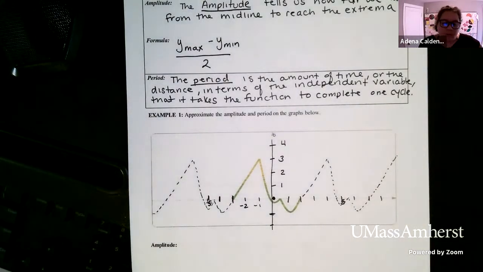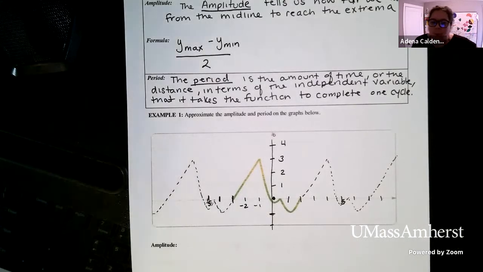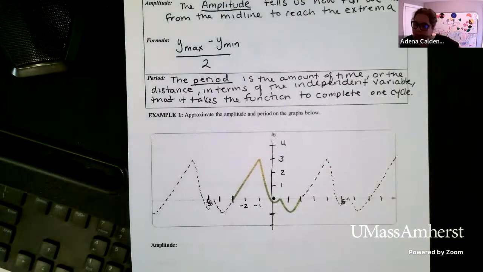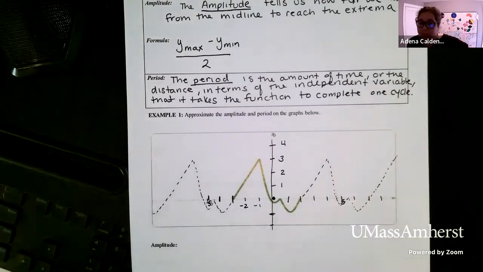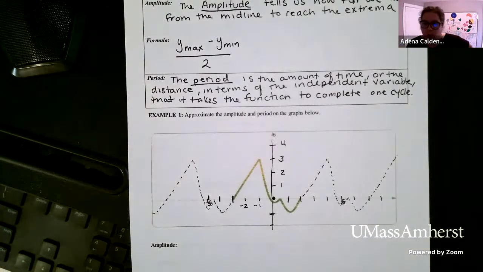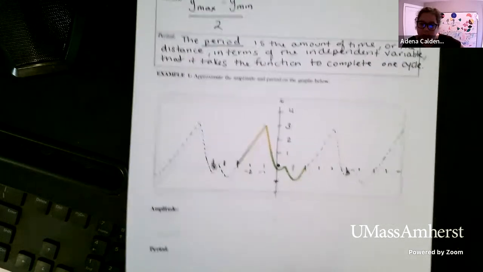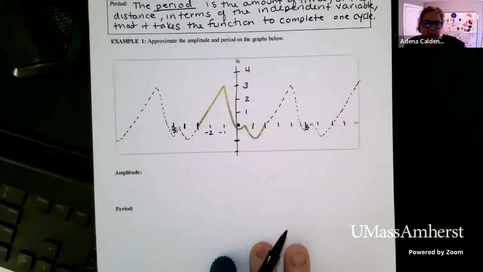Okay, so these are the two key things that we are interested in when it comes to periodic functions. And the reason, again, for the period is because of predictability. If we know how often it repeats, we can then make predictions further out for information we don't yet have. Okay, so let's do one together, and then I'll have you try some of these.